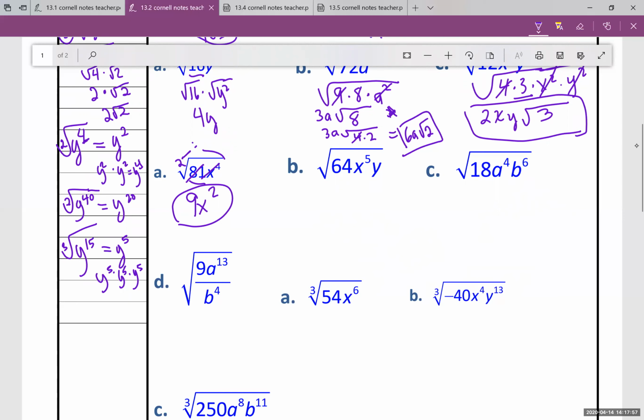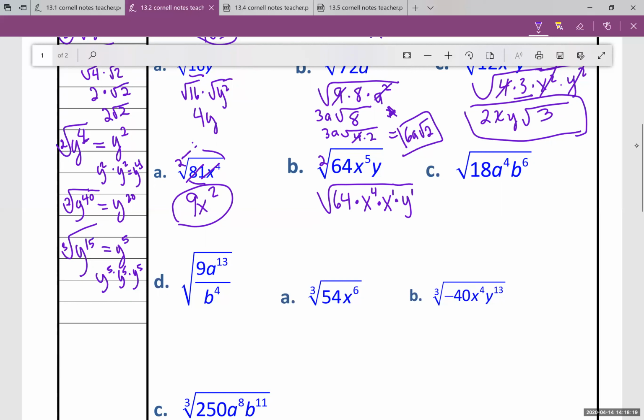Okay, look what I am going to do here. I am going to rewrite this as 64 times x to the 4th times x to the 1 times y to the 1.